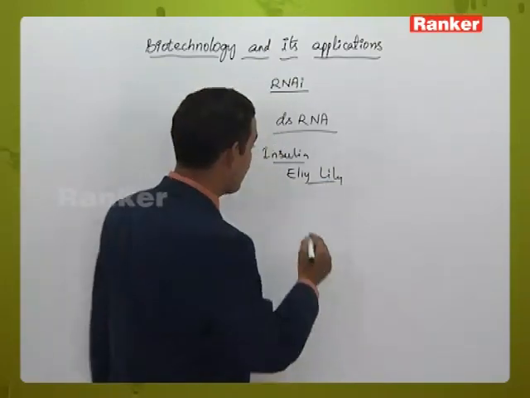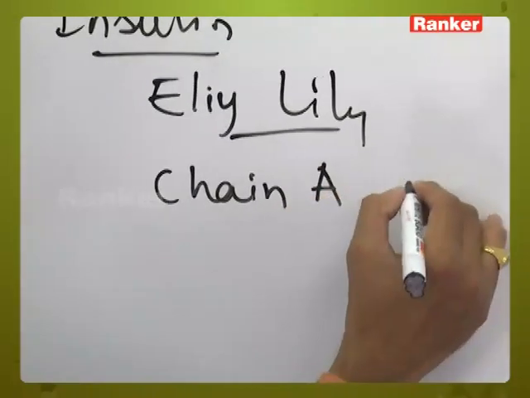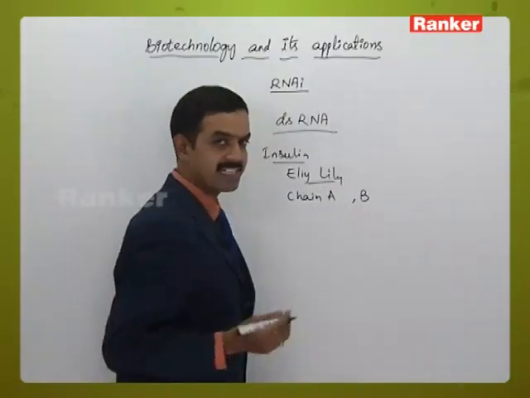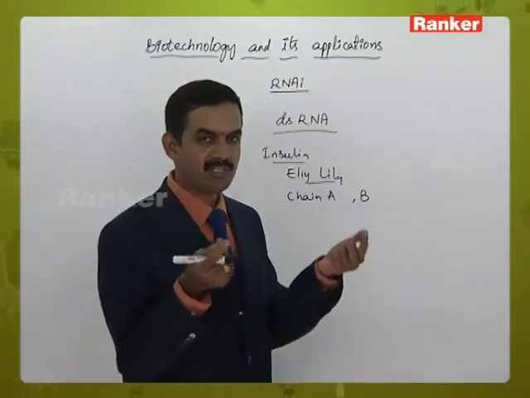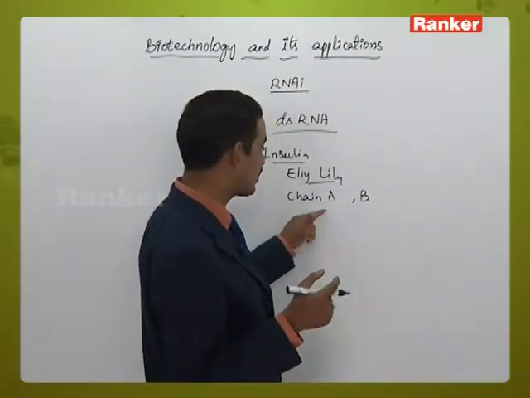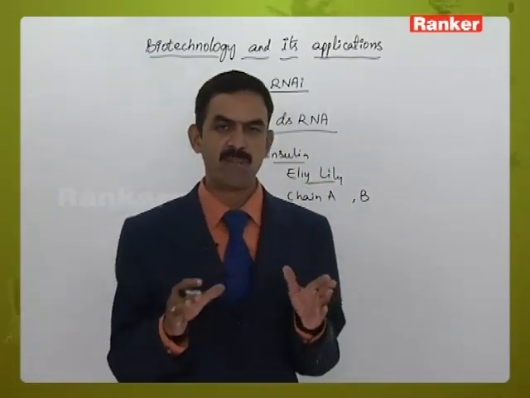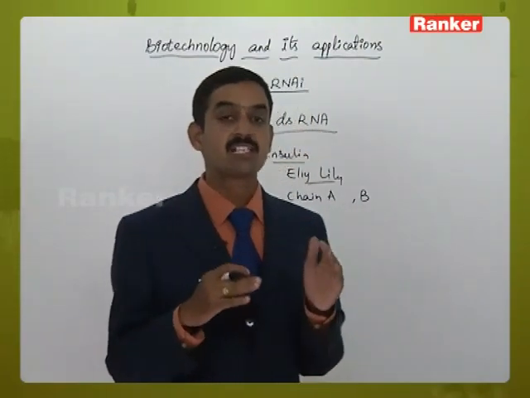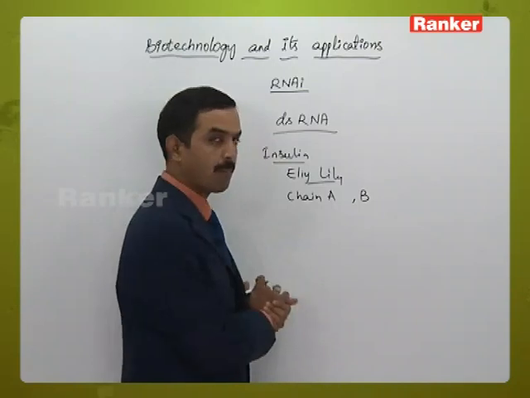They produced two chains of insulin, chain A and chain B. They artificially synthesized these two chains and then introduced them into Escherichia coli. In Escherichia coli, they separately multiply their number and we get multiple copies of them.